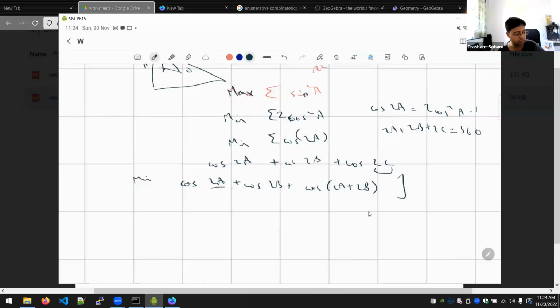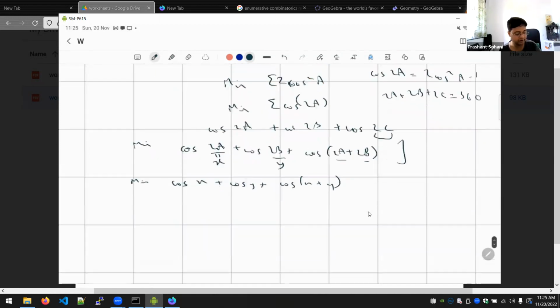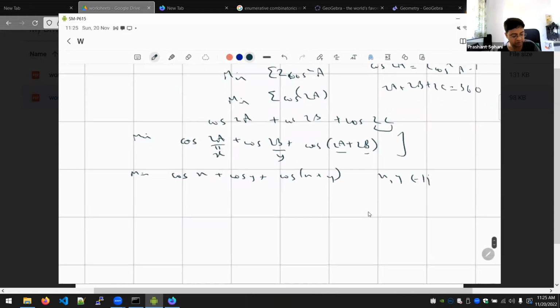And in fact, instead of 2A and 2B, since it's occurring everywhere, we can just say let 2A be equal to X, 2B equal to Y. So now we just have to minimize cos X plus cos Y plus cos of (X plus Y), where X and Y can be any real numbers, in fact, in the most general case.